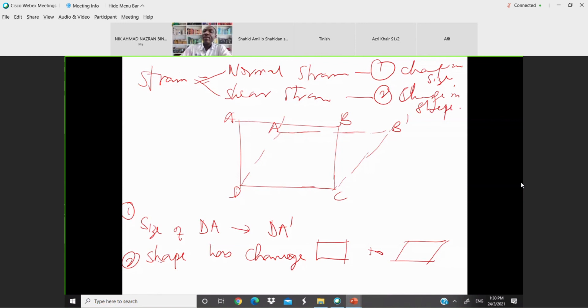How do I know that the size has changed? From here, how do you know that the size has changed? If this length is 10, what will be this length here? If this length from here to here, DA, is 10, what will be DA prime?